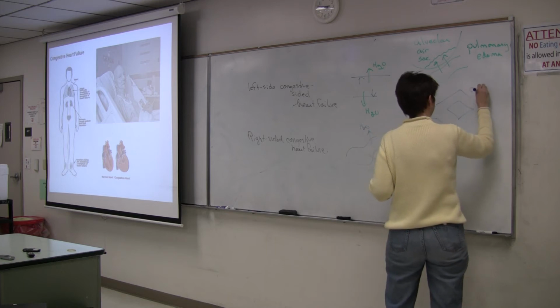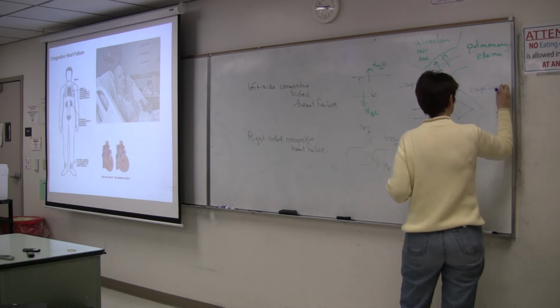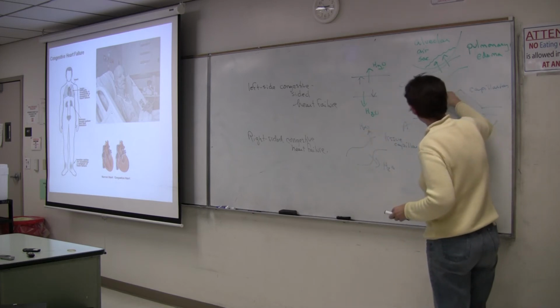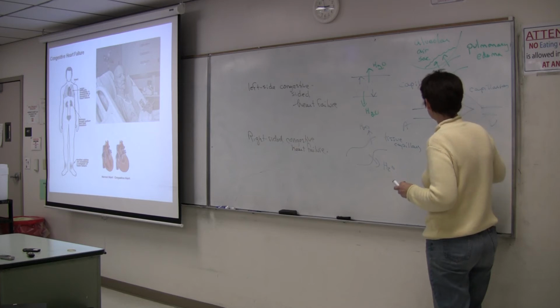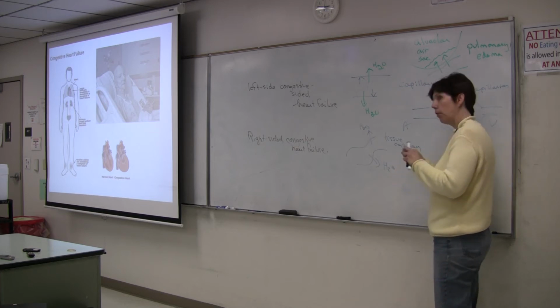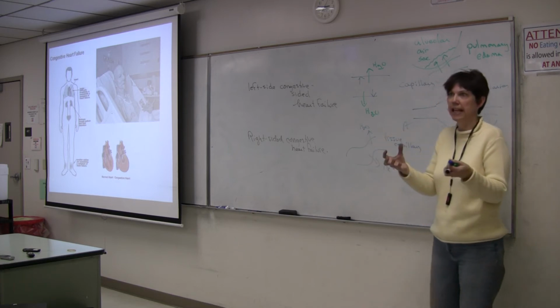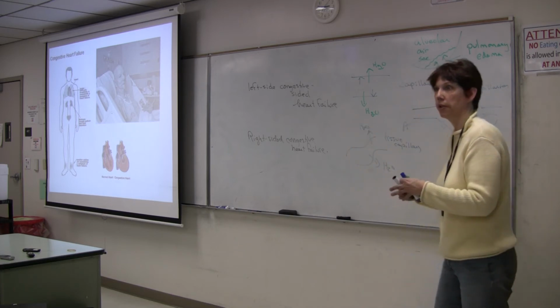Here would be the capillaries. Here would be the arteries and the veins. All right, so we normally have some pressure pushing water out across the capillary walls, but normally we have molecules that oppose that pressure.